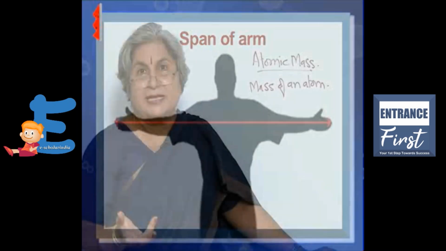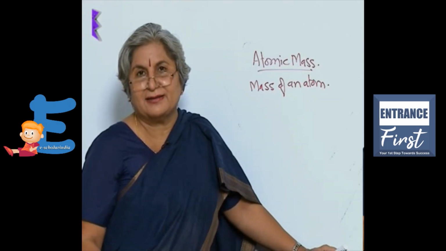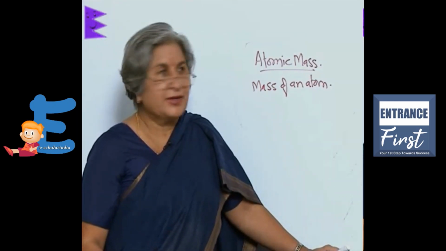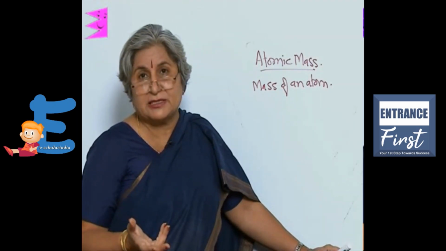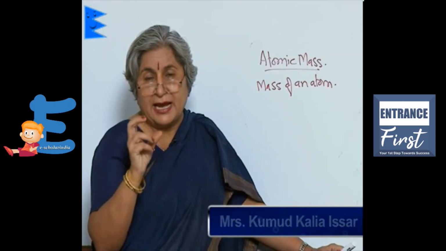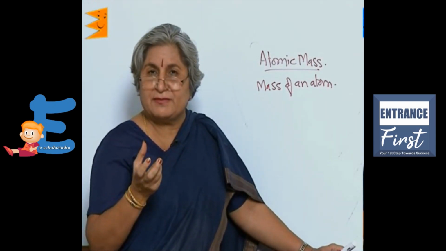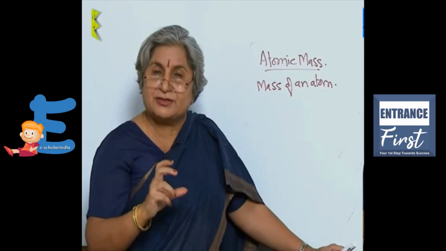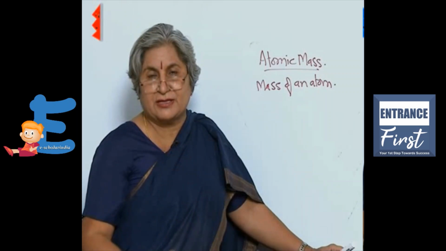Now, but the size of the arm can vary with people. So, this is not a standardized measurement. So, in the case of atomic mass also, because an atom is very small, how can we weigh it? So, it has to be in relation to something. All weights and measurements are relative. They are in relation to something. So, here also this was in relation to something.